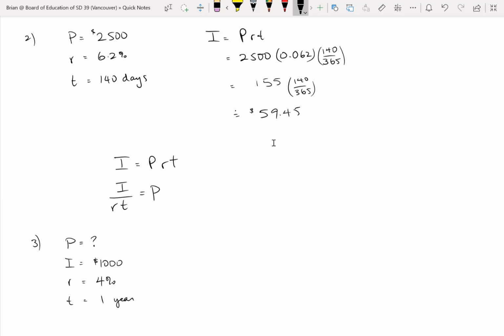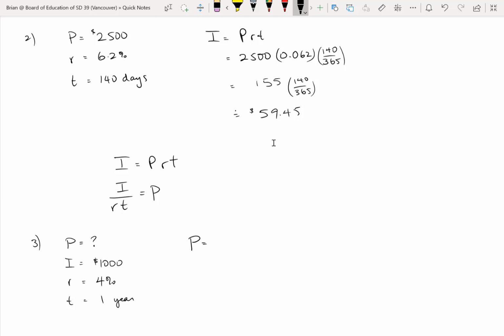Okay, so we can kind of estimate this, right? I mean, if we invest $1,000 at 4% for a year, we're going to make $40 worth of interest. So to make $1,000 worth of interest, we're going to have to multiply that by 25. So we're going to need to invest $25,000, and let's just double check that that works out.